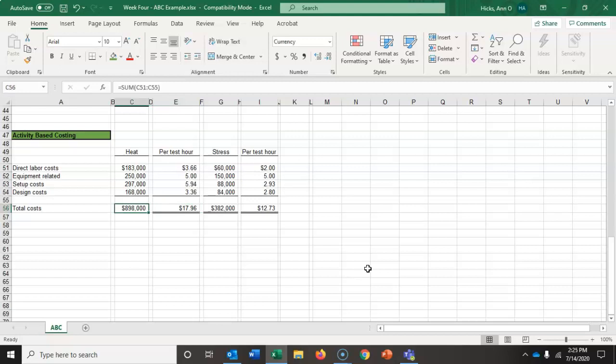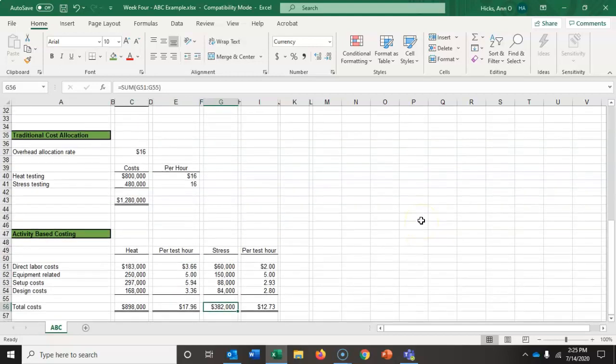Then we'll come up with a grand total, and we can see heat testing would be allocated $898,000, stress testing $382,000.